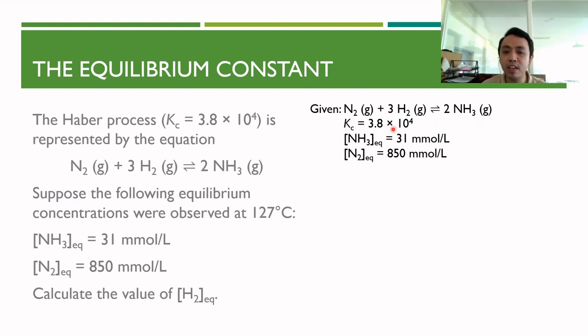We have the K sub C value, and we have also the concentrations of NH3 and N2 at equilibrium, which we have duly copied. Given all of this information, we are asked to calculate the equilibrium concentration of H2. Having summarized these, we are now ready to solve this problem.